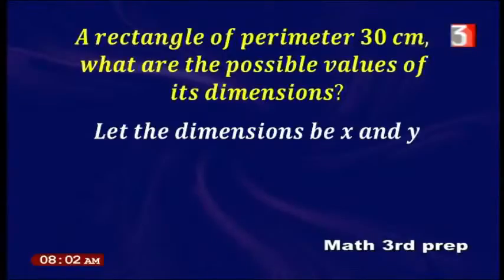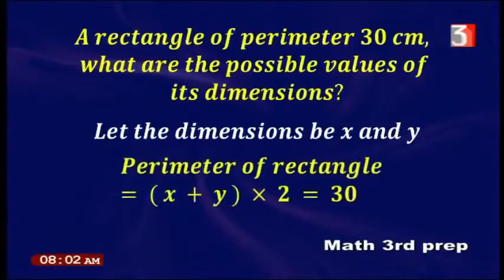If we let these dimensions be x and y, then the perimeter of the rectangle equals x plus y multiplied by 2, which is equal to 30. Then by dividing both sides of the equation by 2, or finding half the perimeter of the rectangle, x plus y is going to be equal to 15.